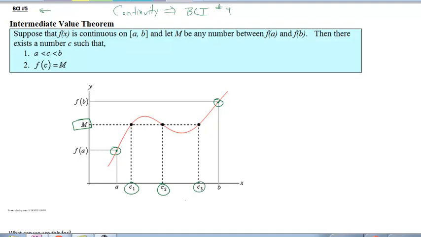Because continuity means in order to go from the height at a to the height at b, we're going to have to hit every height in between along the path. So the intermediate value theorem is a statement of that. It's a statement of truth. And it should be somewhat common sense if we really understand what it means for a function to be continuous and what relationship heights have to one another on a function.